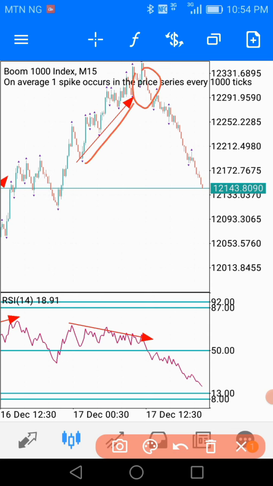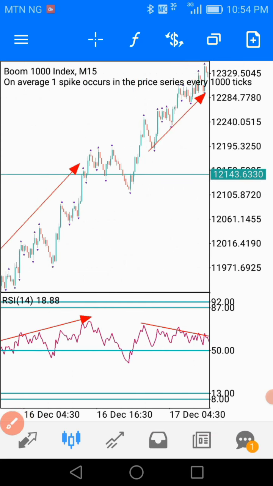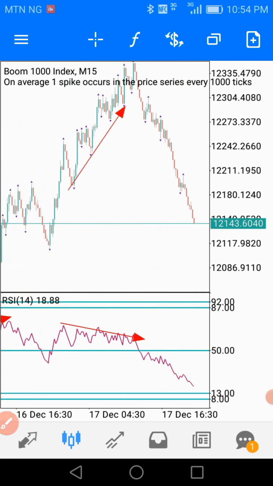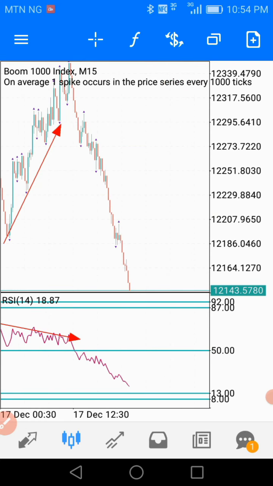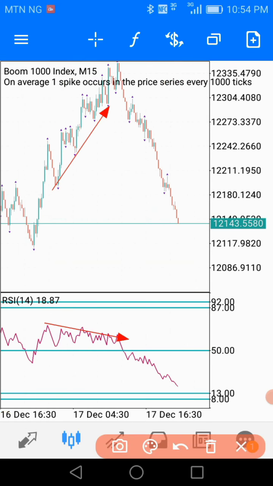The divergence played out here on M15, that is Boom 1000. You can see that the trend has actually reversed. It's been on a bullish trend from here. If I had caught this, I would have taken this. This is 15 minutes. Imagine what this would have been. I'm going to show you how it played out.